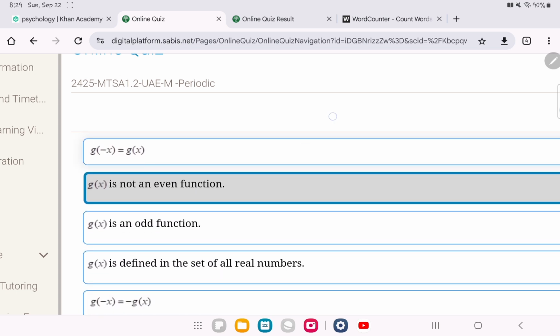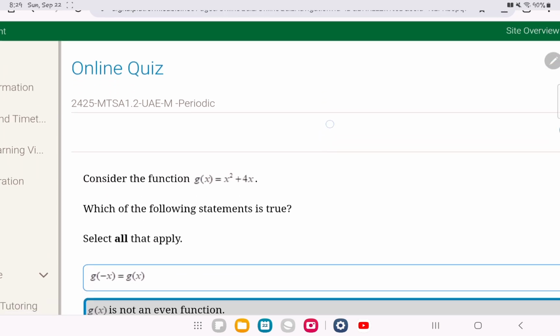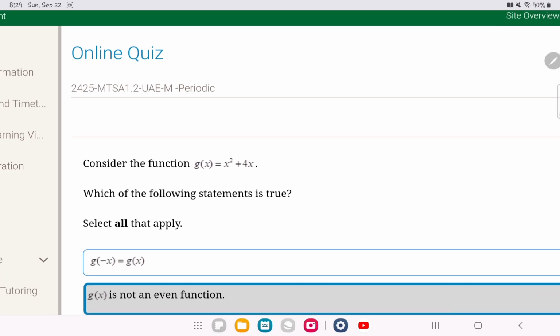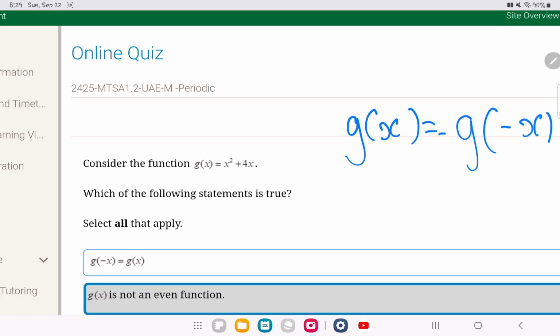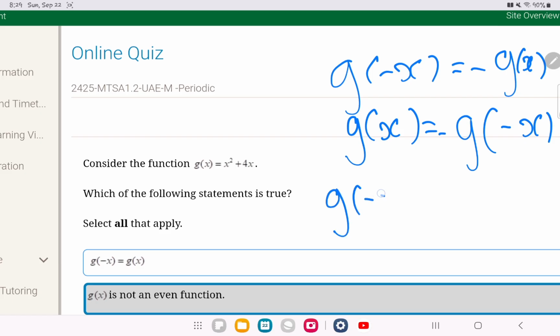Now, let's see. Is it an odd function? We said for an odd function, g(minus x) is equal to minus g(x), okay? So g(x) is equal to x squared plus 4x. g(minus x), we said it was x squared minus 4x.